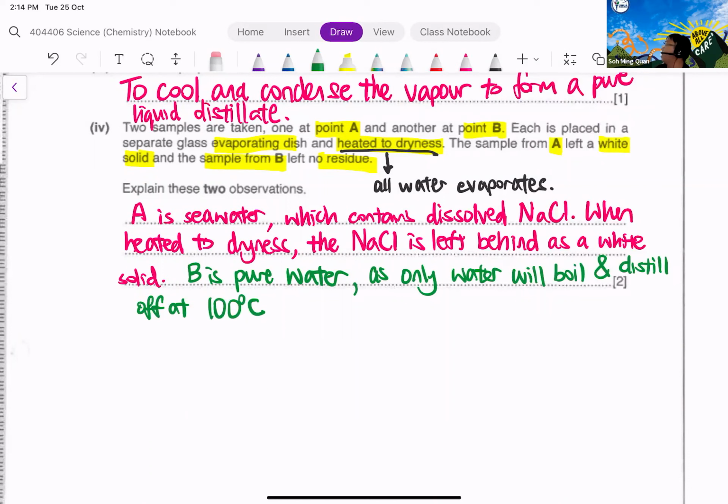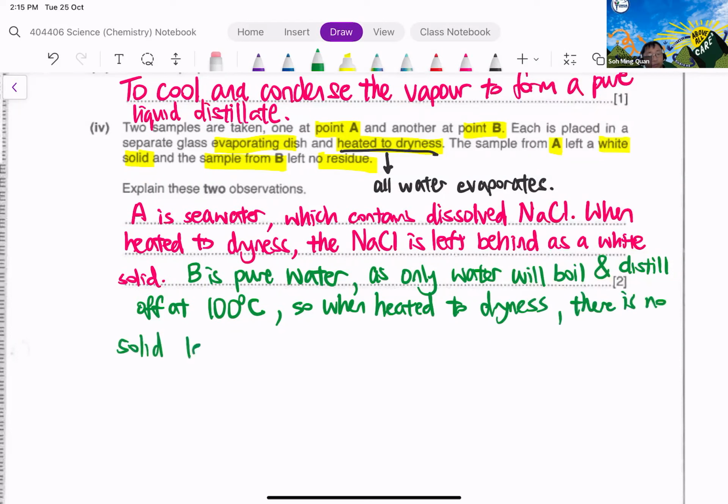That's why it's pure water, because only the water will boil and distill off. All right. So when heated to dryness, there is no solid left. It's only water. There's no solid, right? So when you heat to dryness, there's nothing left, just nothing, because all the water has evaporated.